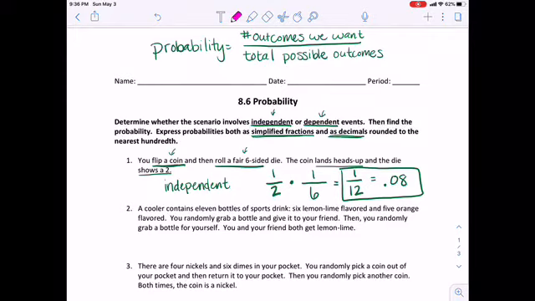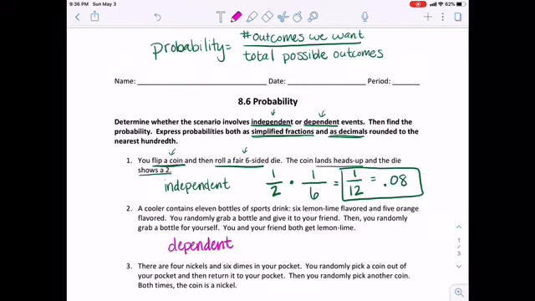There's 11 bottles in the cooler, but when I reach in and pull one of the bottles out, that's going to change the probability depending on which bottle I chose. It also changes the number of possible outcomes. Instead of 11 possible bottles, there will only be 10 the second time I reach in. So this is a dependent event.